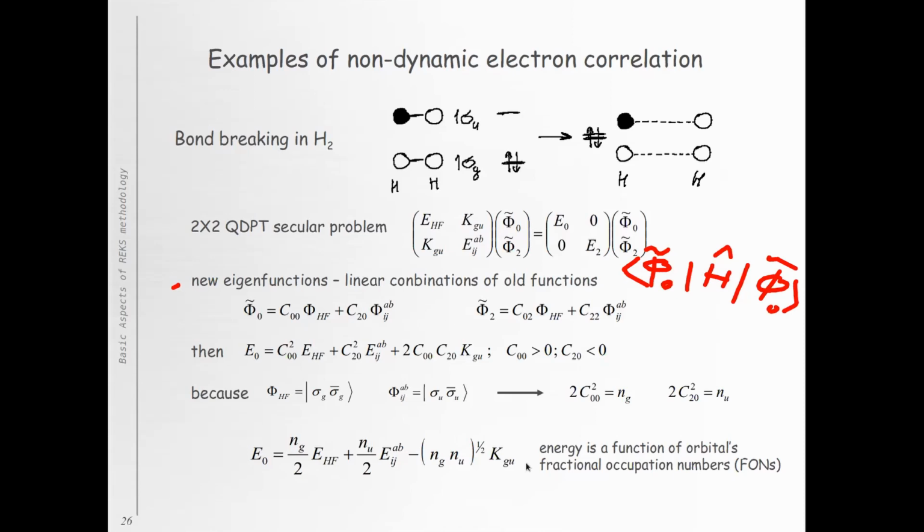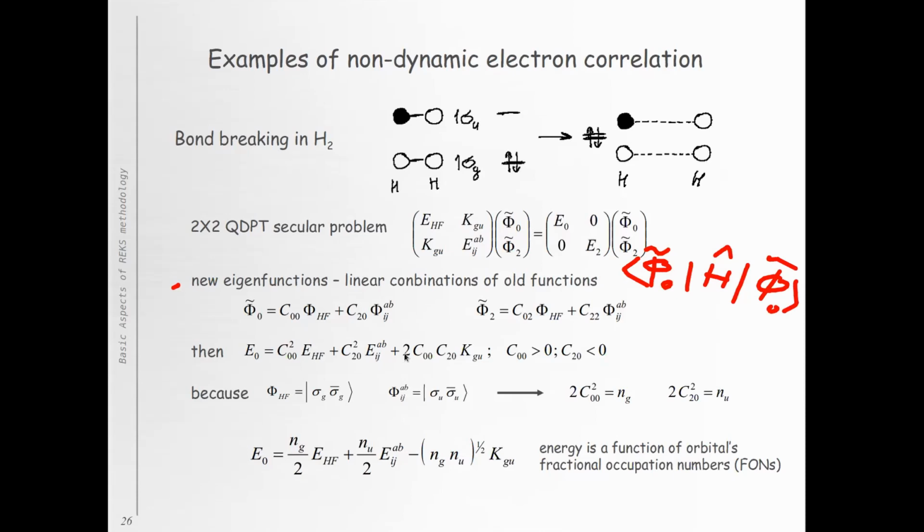But this term, the weighting factor in front of the exchange integral, is given simply by the square root of the product of the two fractional occupation numbers, right? So we have the coefficient 2 C0 C2.